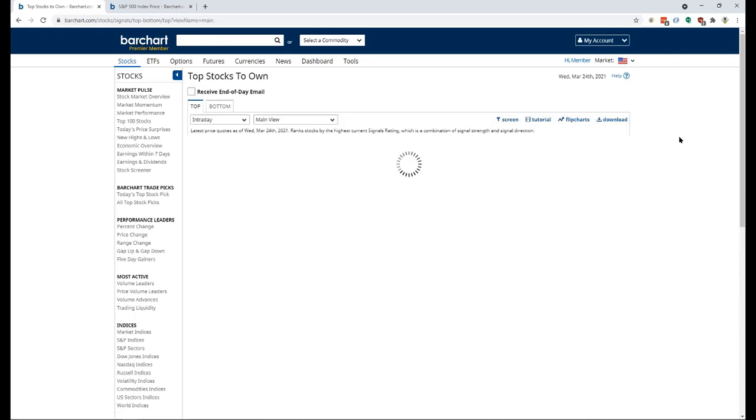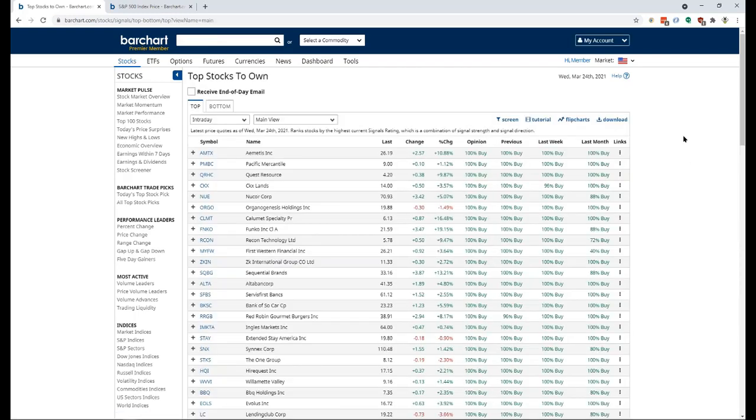Now the top stocks to own tells me more about consistency because it's the highest rated opinion, which basically tells me that these stocks are trading against all their moving averages, including some of what I'll call first derivative things that Barchart has, like putting the 50-day moving average against the 100 or the 200-day moving average.